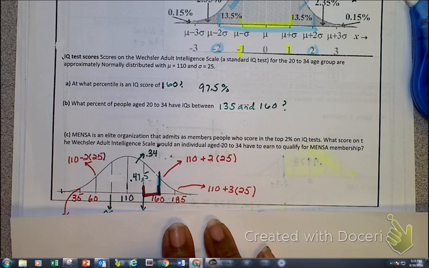Okay, so let me show this again using my beautiful tablet. If this entire region is half of 95, that is where that 47.5 came from.